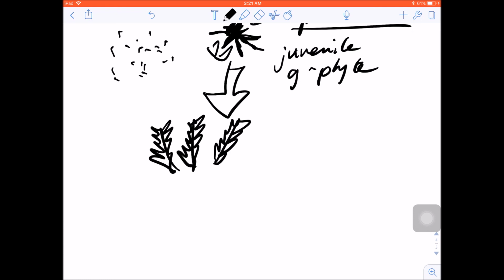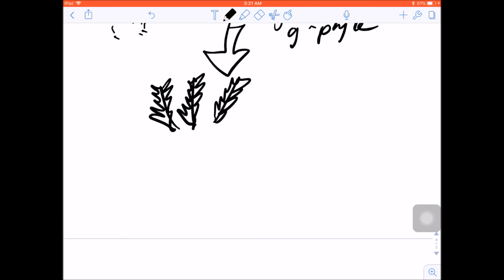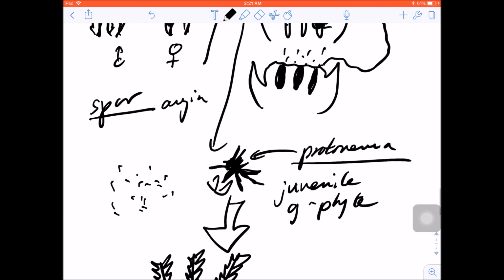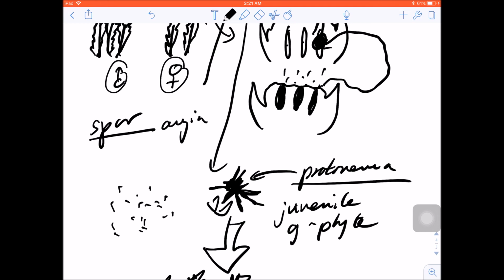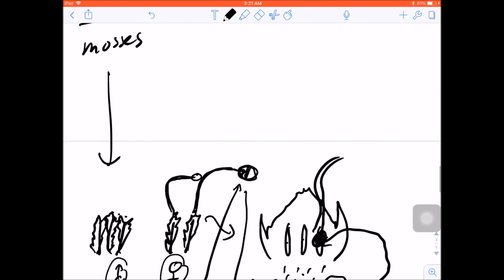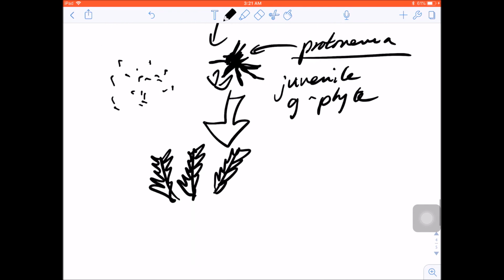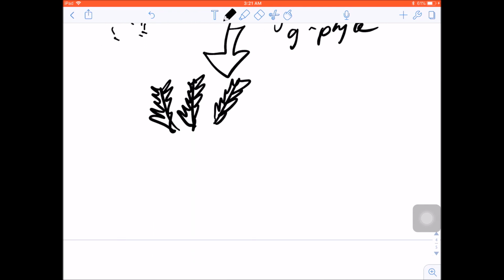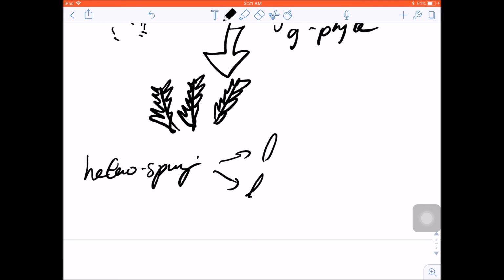Last thing I might want to add: we do have these male and female individual plants in the mosses, and I think in some of the liverworts too, at least in the ones that we've looked at. We have a term later on called heterospory, where you get male and female gametophytes that germinate from different spores, a male spore and a female spore.